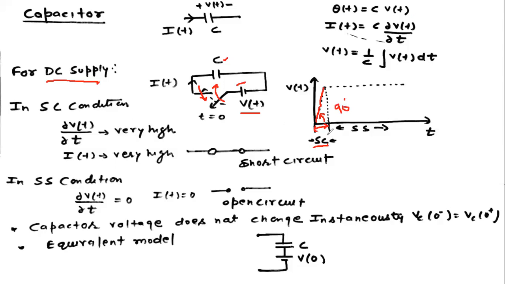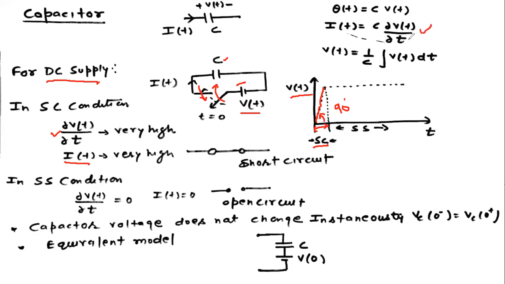So in the switching condition, first we talk about the change in voltage dv(t). The voltage changes from 0 to maximum, taking very little time, in nanoseconds or picoseconds. So my dv(t)/dt is very high. If we talk about the current i(t), i(t) is C dv(t)/dt.